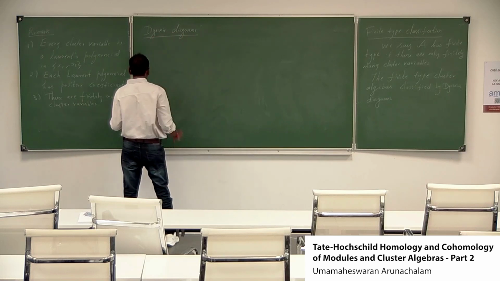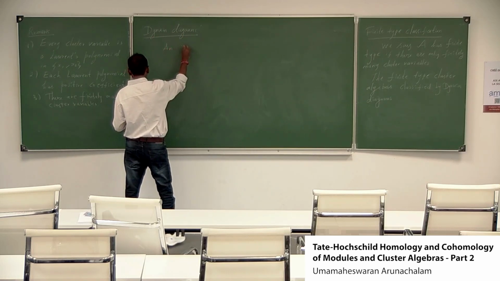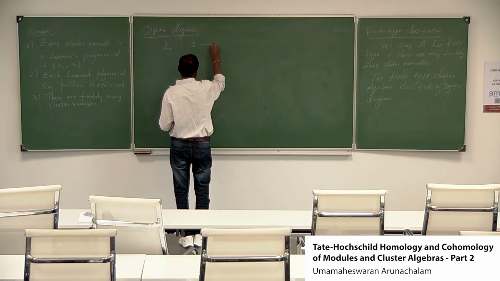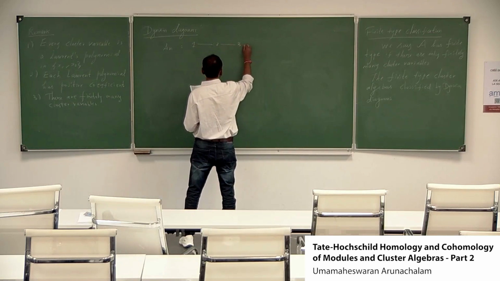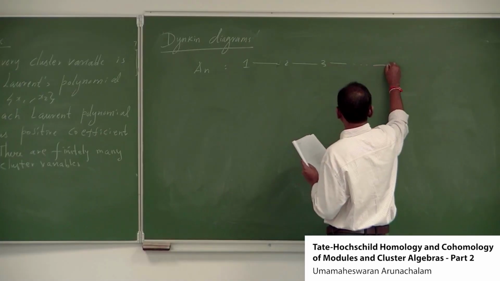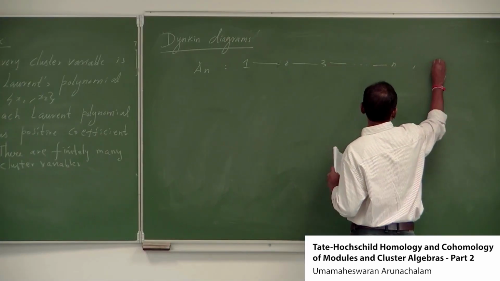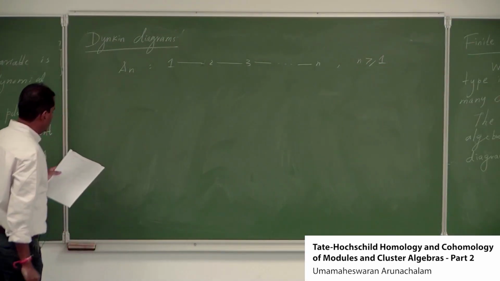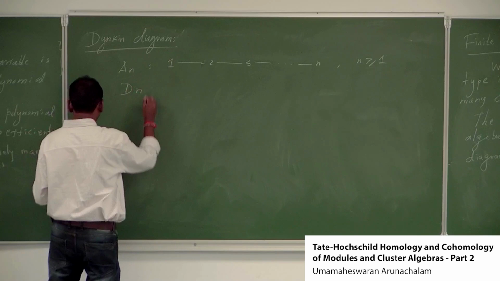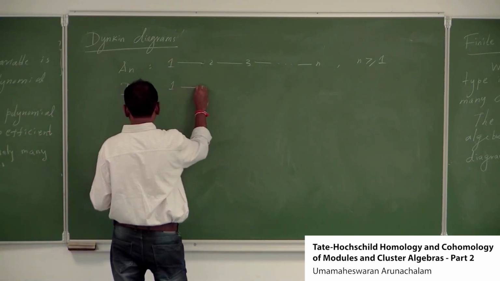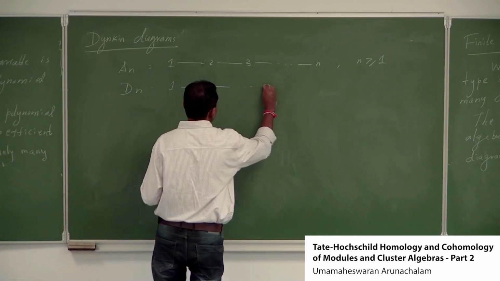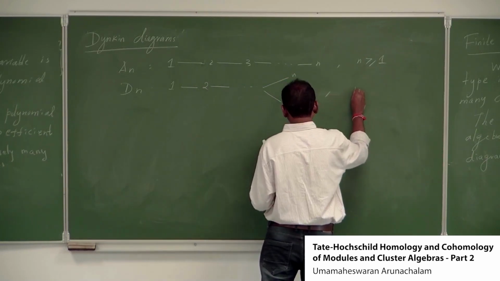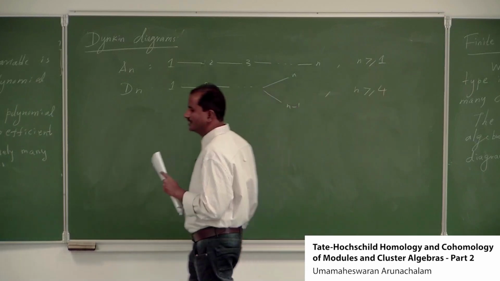Your Dynkin diagrams. So AN is 1 to 2 to 3 up to n, for every n greater than or equal to 1 for defining AN. DN is 1 to 2, 2 to 3, up to n minus 1 and n, where n should be greater than or equal to 4 for defining Dn.